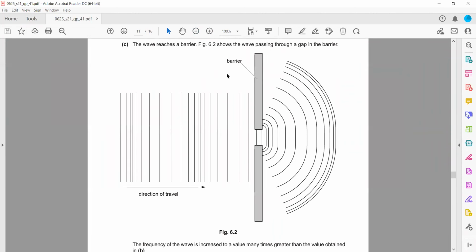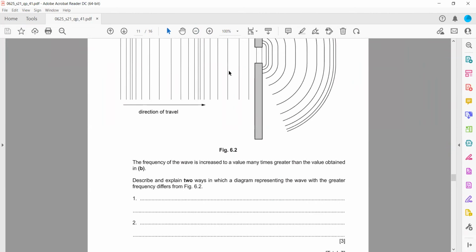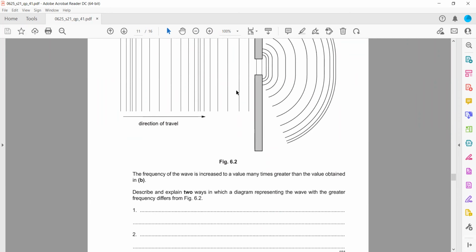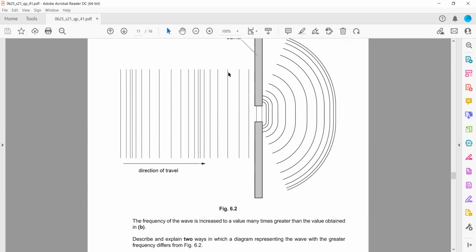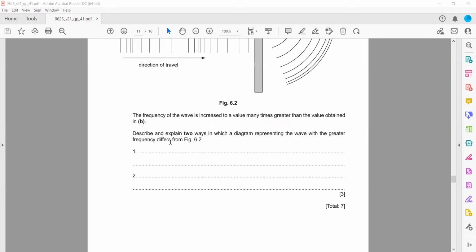The wave reaches a barrier. On the figure, the frequency of the wave increases. The frequency increases, the wavelength decreases. So if the wavelength decreases, it will have less diffraction. So how will the pattern change? Because smaller wavelengths have less diffraction.